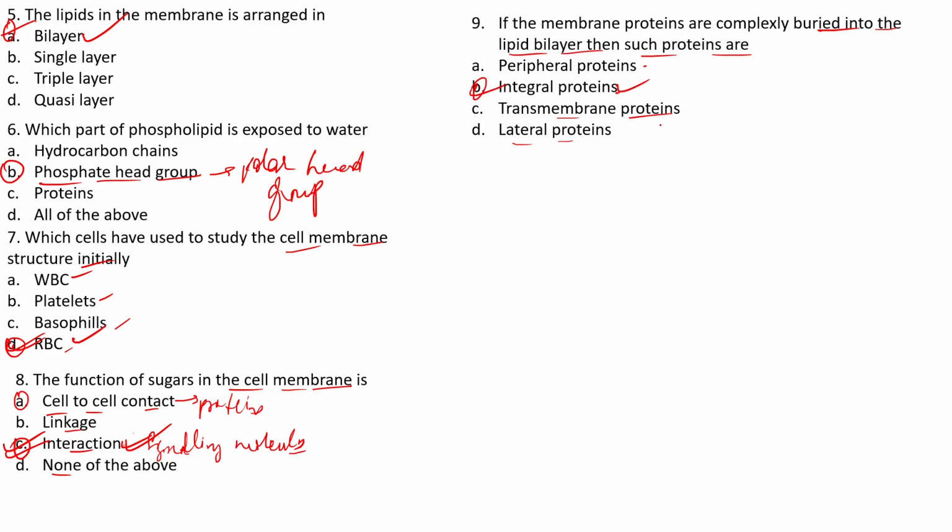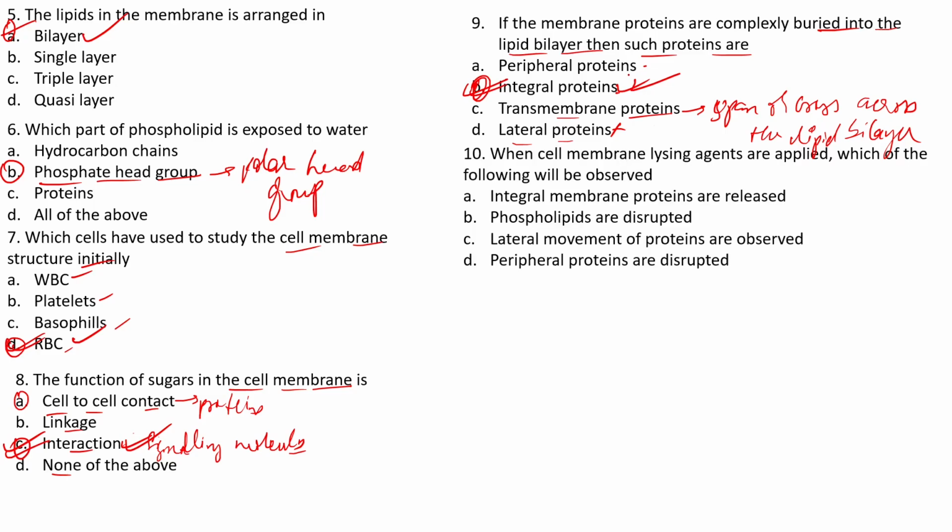Though we have transmembrane proteins, remember that transmembrane proteins mainly span or cross across the lipid bilayer. So the more appropriate answer is B, integral proteins. They are completely buried into the interior of the lipid bilayer. There is nothing called lateral proteins. It doesn't exist. Peripheral proteins are mainly attached to the surface of the lipids.